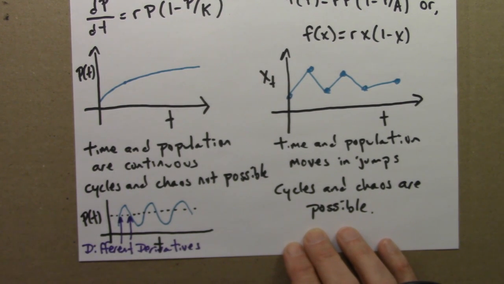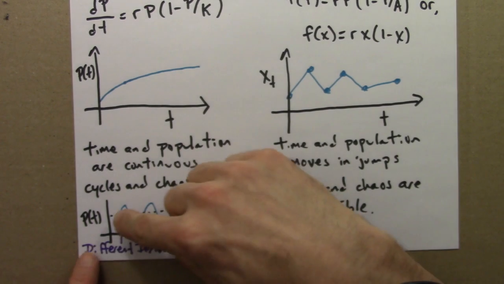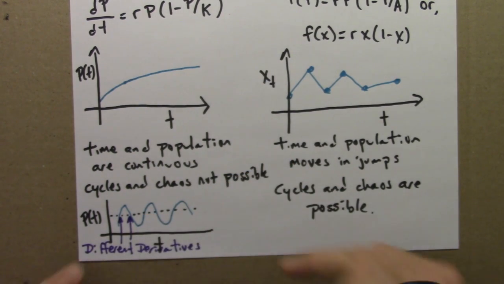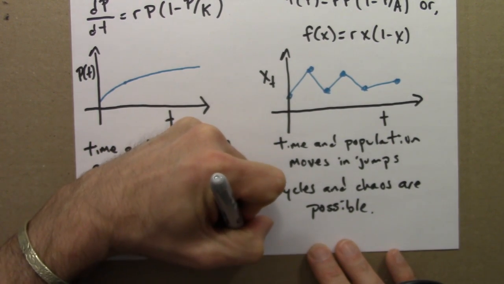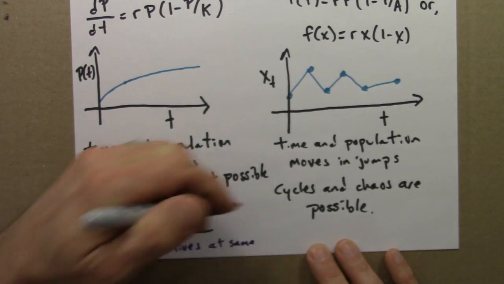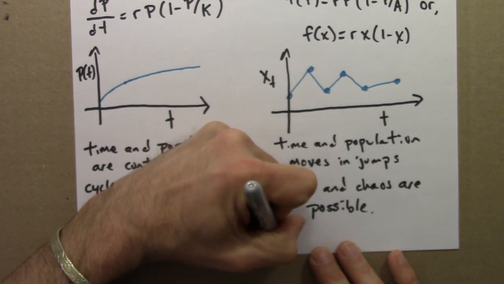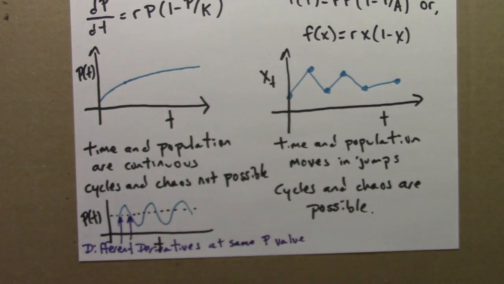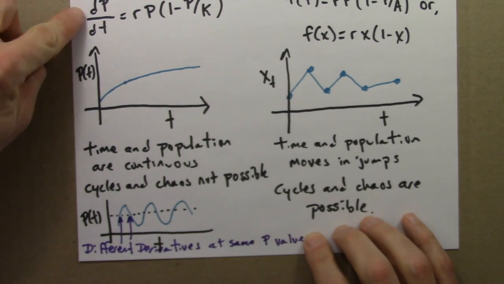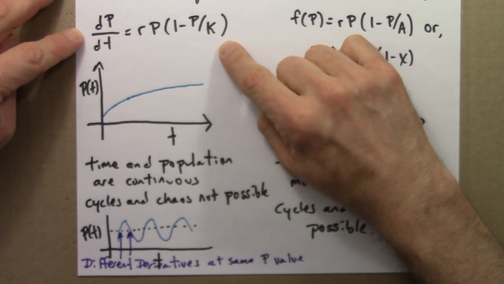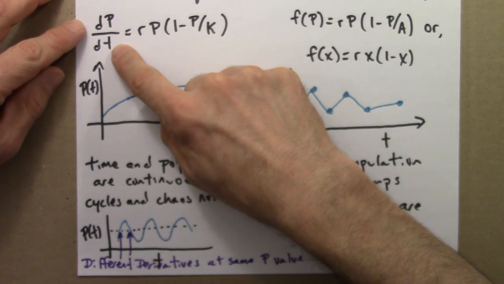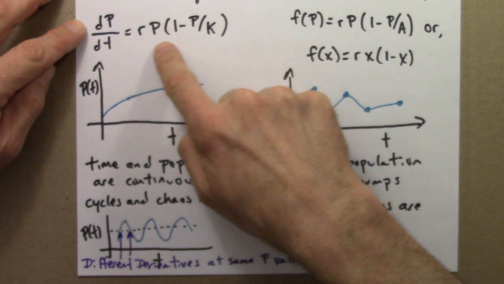But the problem is that they have the same p-value. The p-value is on the y-axis here, and it is the same. So this would say different derivatives at the same p-value. But that's impossible, because the differential equation says that the derivative is a function of only the p-value.